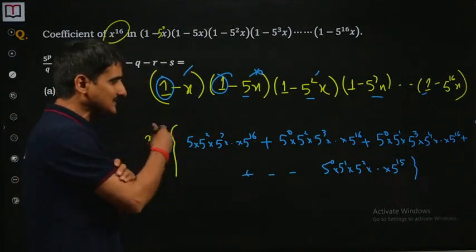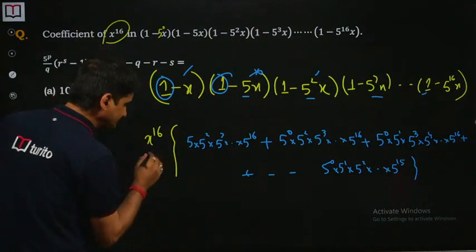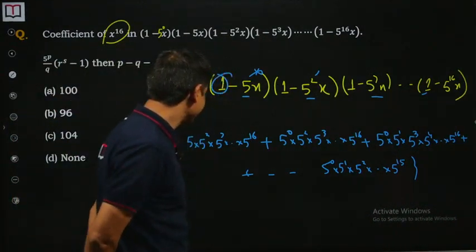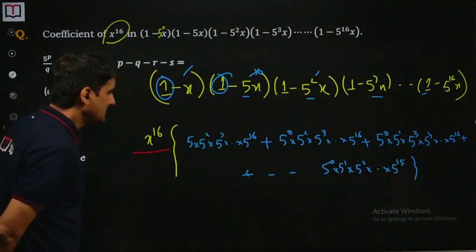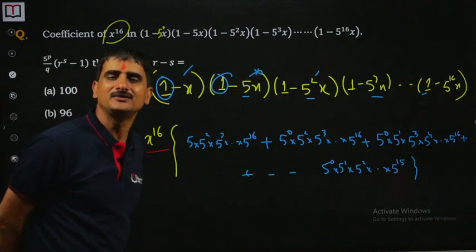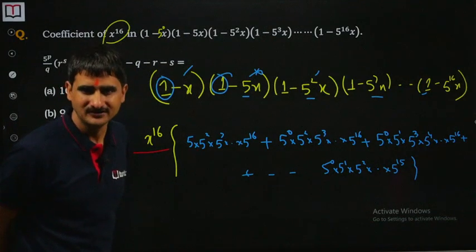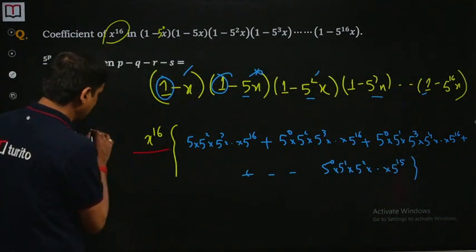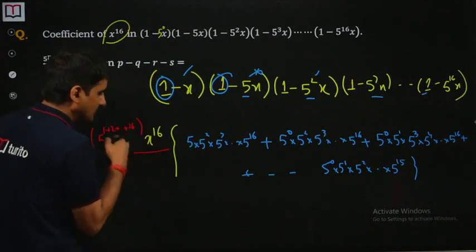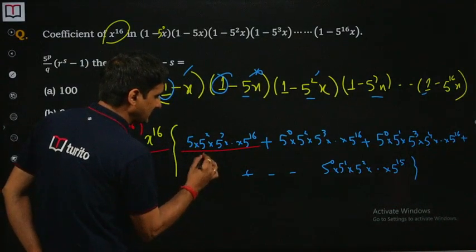So we have this series, and how can we solve it? If I say that, divide and multiply the entire series by 5 into 5 square into 5 cube dot dot dot 5 raised to the power 16, that is 5 raised to 1 plus 2 plus 3 up to 16. When you divide it here, you write the same one.